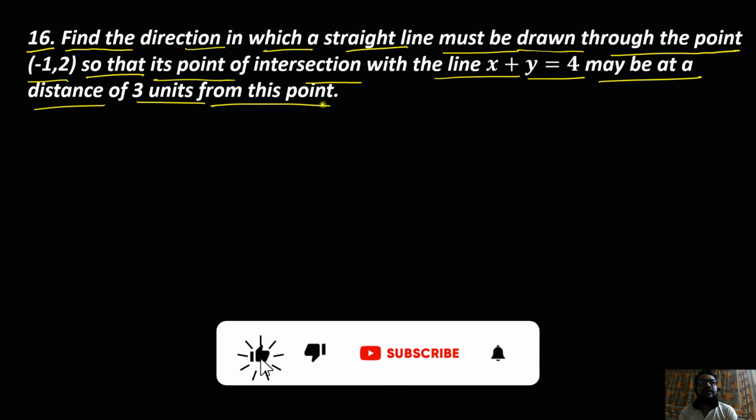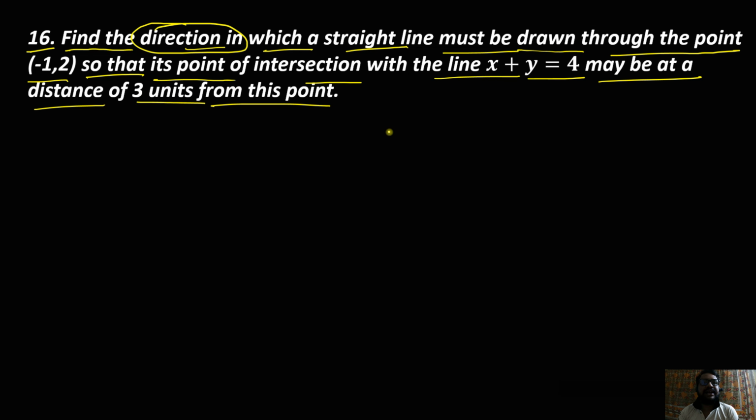Direction means the equation of the line which passes through the point -1, 2 and whose intersection with the line x plus y equal to 4 is 3 units distance from the point -1, 2. So let's start.